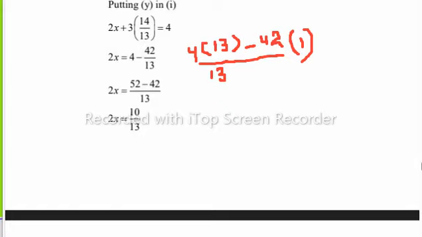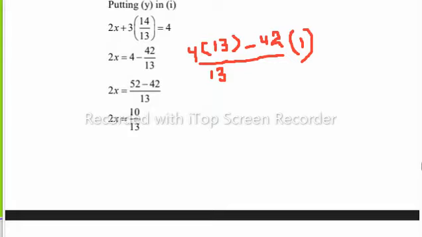So 1 13s are 13, that's why we write 13 here. Then we write minus 42, and we search a number which multiplied with this 1 gives this LCM 13. So 13 ones are 13, that's why we write 1 here. Now 13 into 4, the answer is 52, while 42 into 1, minus 42, will be written here.